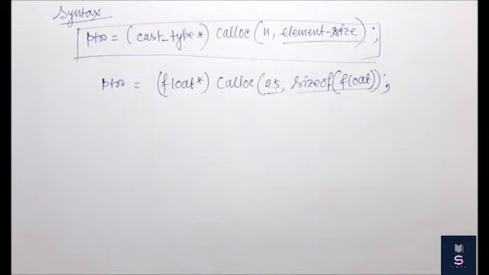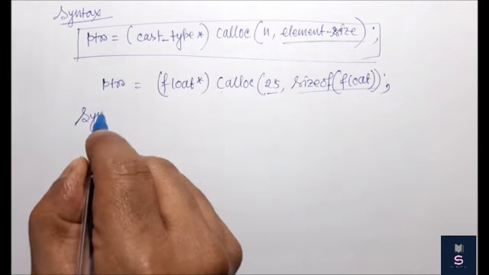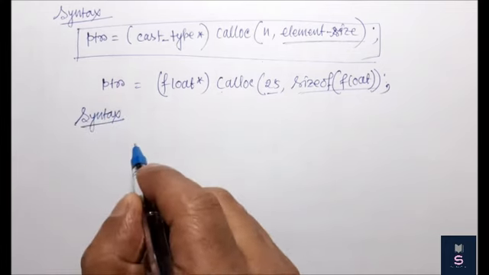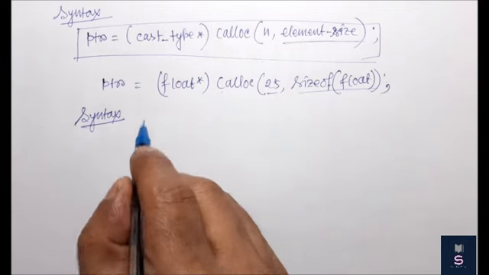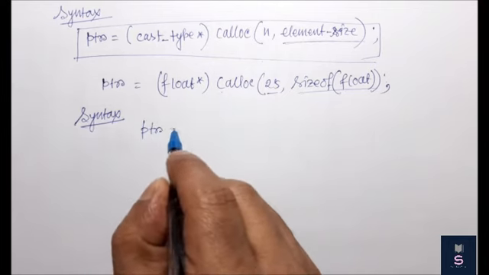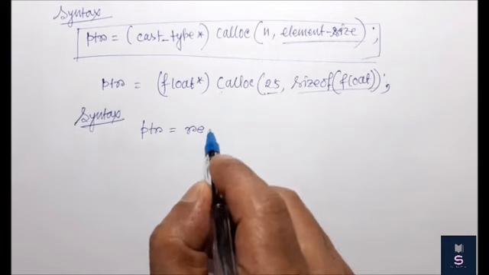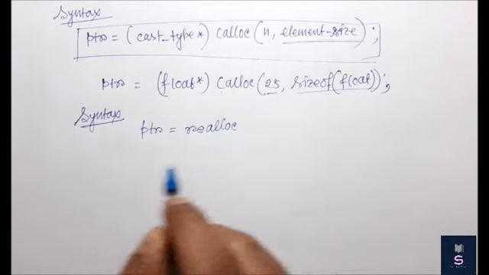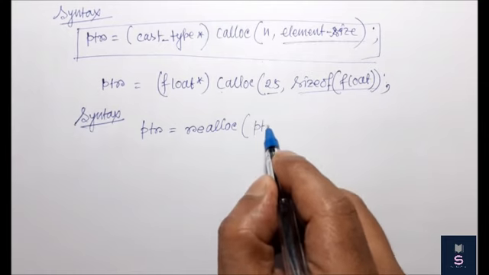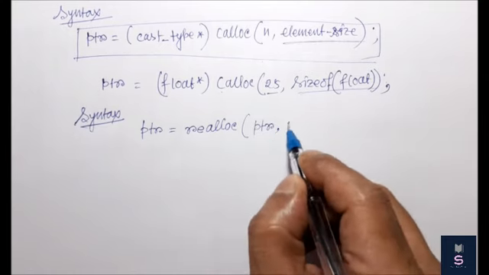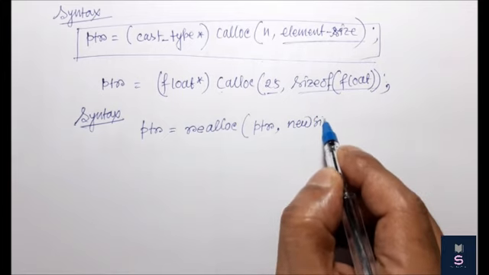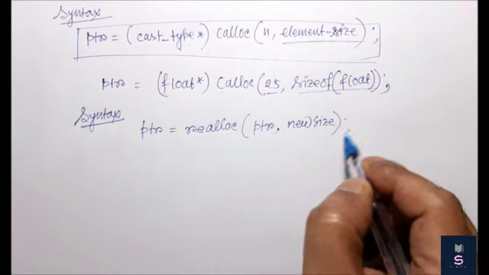And we use another function that is called realloc, or we can say reallocation. The syntax of this realloc function is ptr = realloc(ptr, newSize). Here realloc is the name of the function, the pointer is the first argument, and the second one is the new size. Let me explain this line by line.